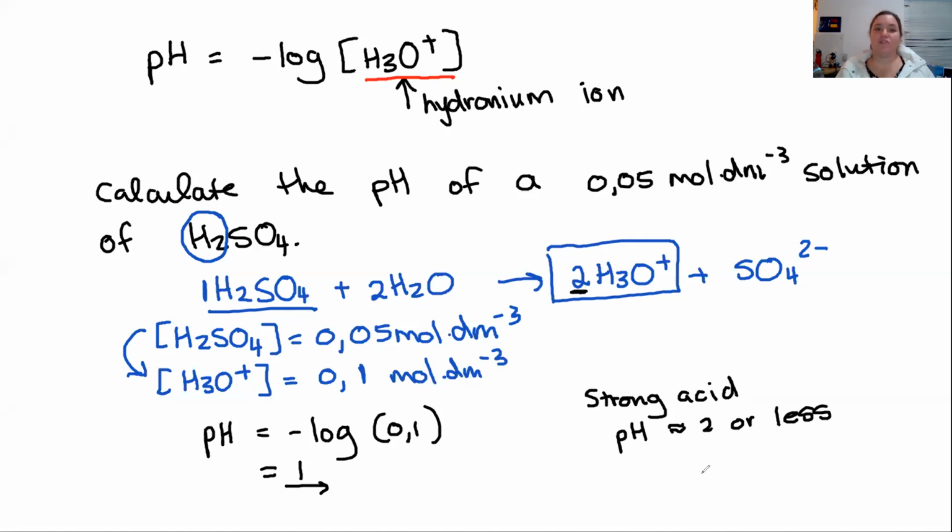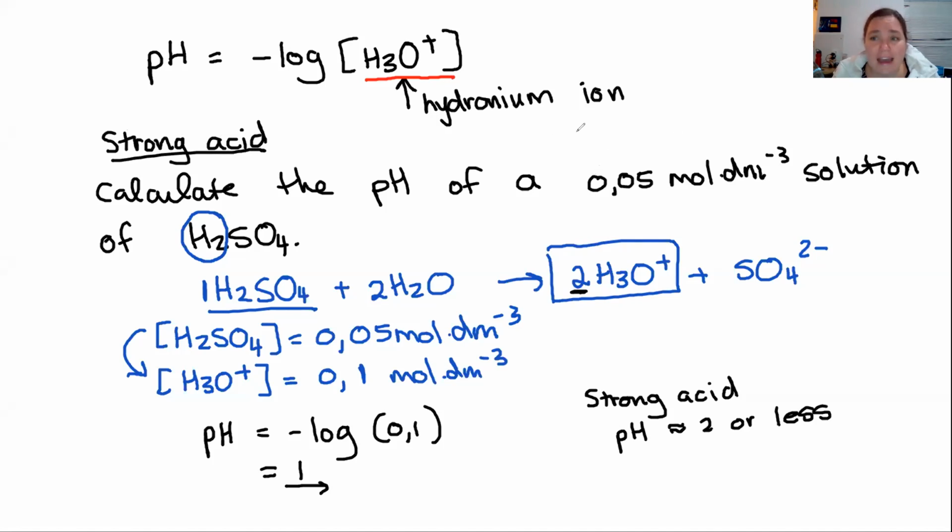All right, so I hope that everybody understands this idea of what you do when you're dealing with a strong acid. I am not going to go into great detail now with what you do when you deal with a weak acid, because weak acids actually come down to equilibrium calculations.